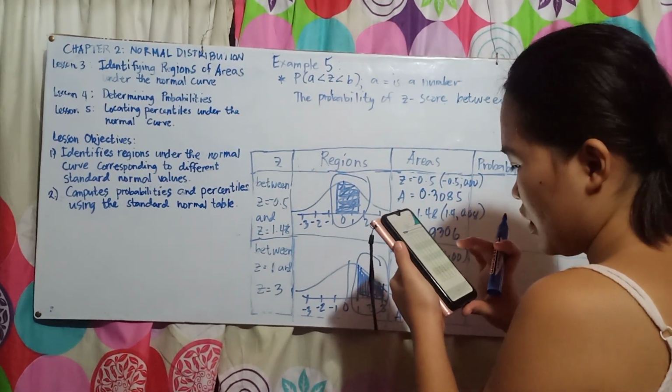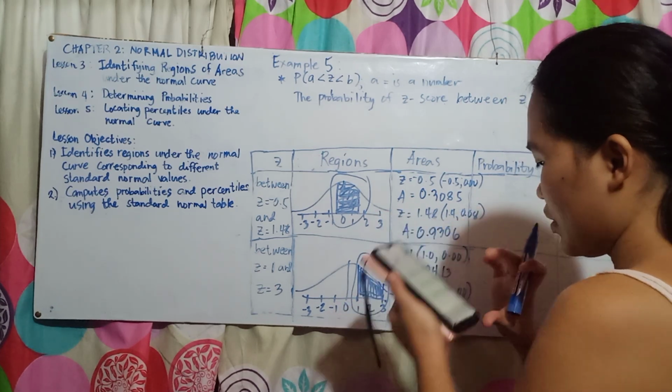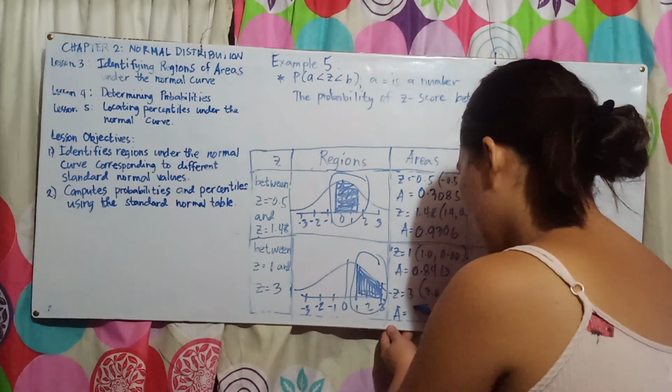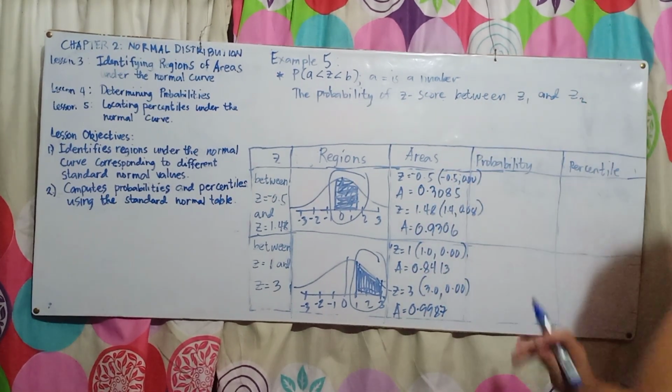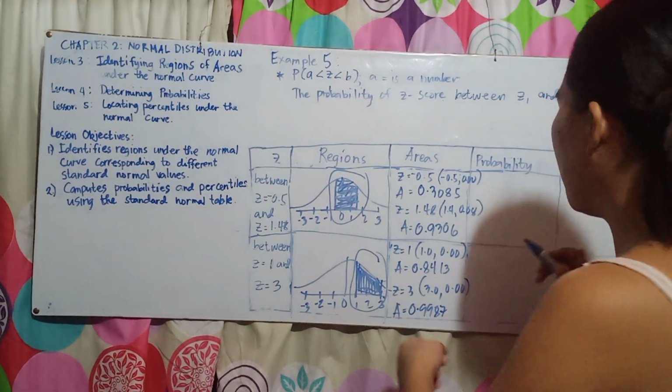Positive 3, 0.9987. Okay, next is to compute for probability.